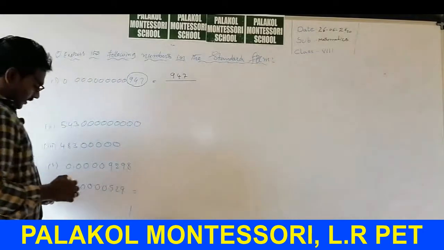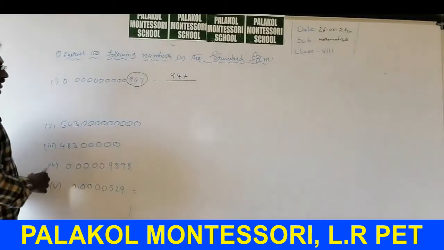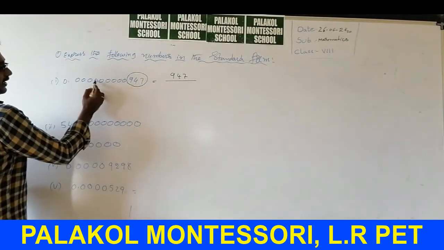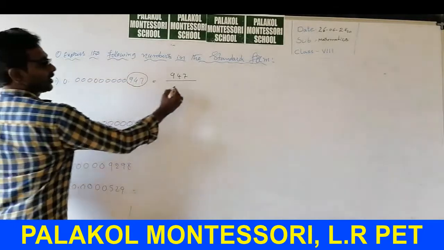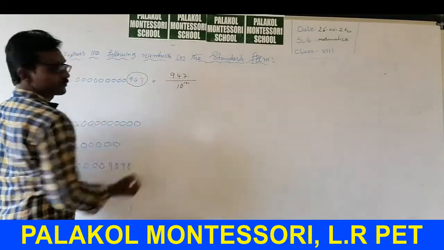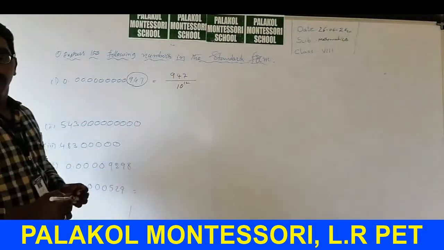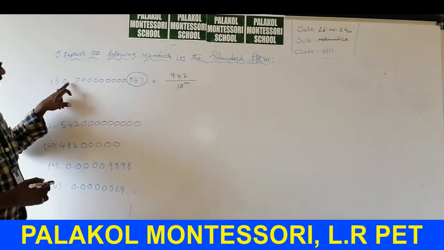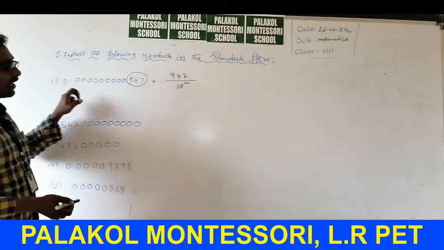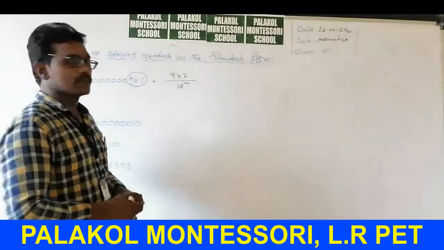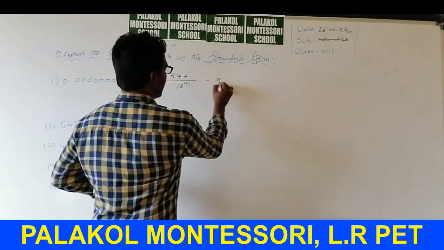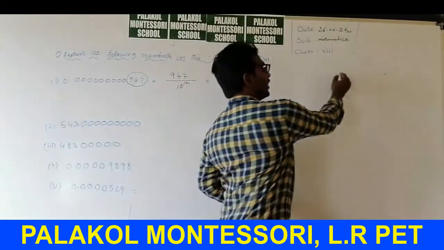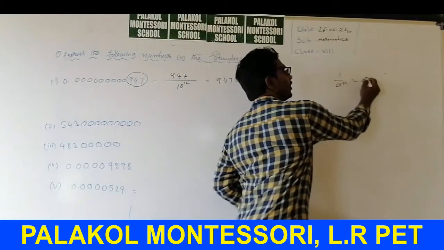So how many numbers here are there? 1 2 3 4 5 6 7 8 9 10 11 12. 10 power of 12. Why can you write 10 power of 12 in the denominator? After 12 numbers, one decimal is there. That's why I write the 10 power of 12. So this one you write 947 into 1 by 10 power of 12, by the a power of n formula, a power of minus n.